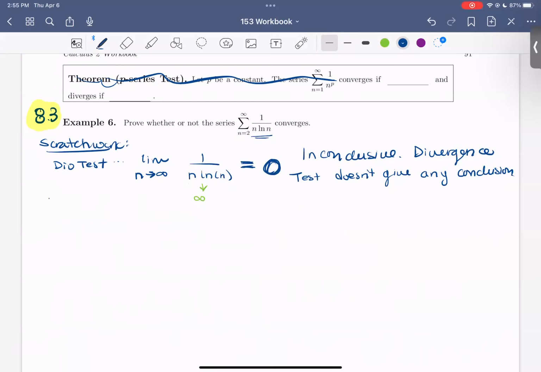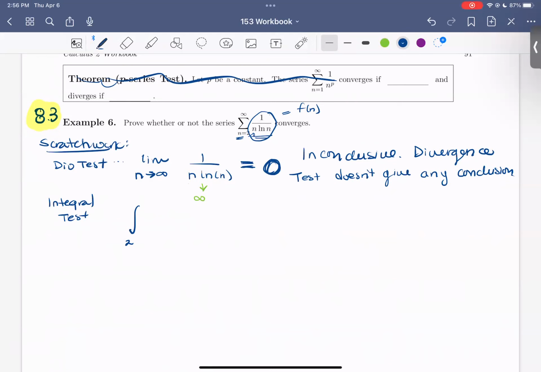Okay, that's okay. Let's see if the integral test will help us. For that, we want to set up the improper integral. We're going to start from 2, because we want f of n equal to 1 over n ln of n, with n starting at 2. That's so we can plug in 2. If we plugged in 1, the denominator would be 0, which we can't do.